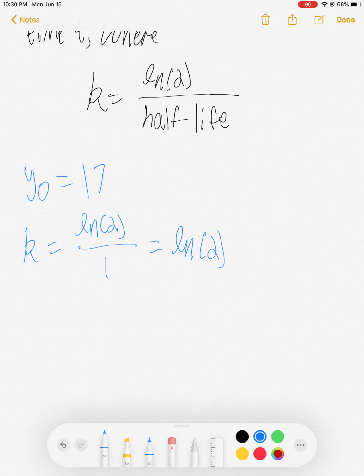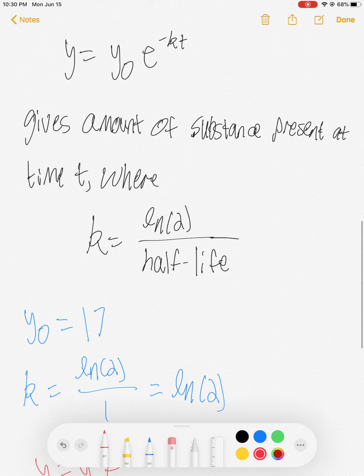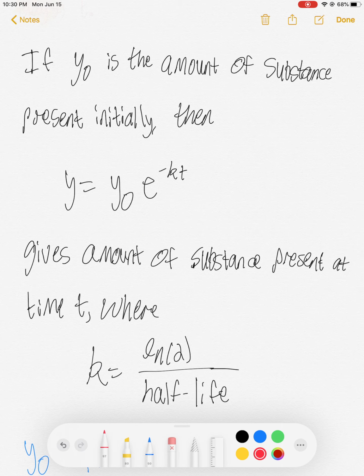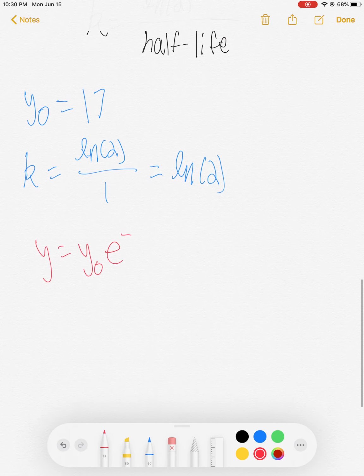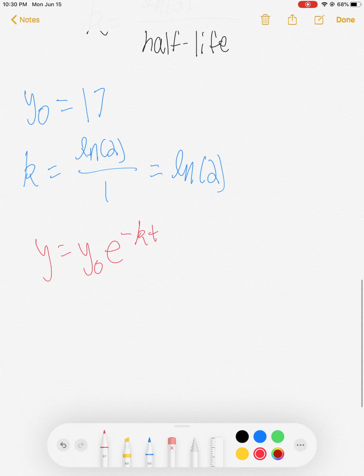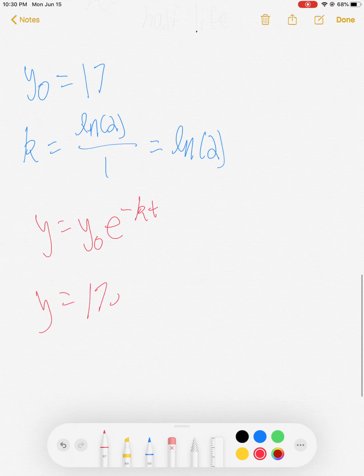Remember, we want to convert that into days. And so we get then that k is equal to ln of 2 over, well, half-life, it looks like we're going to use 1 here because, again, 24 hours equals 1 day. Well, that's nice and simple. That's just ln of 2.